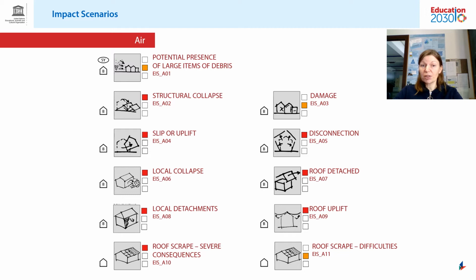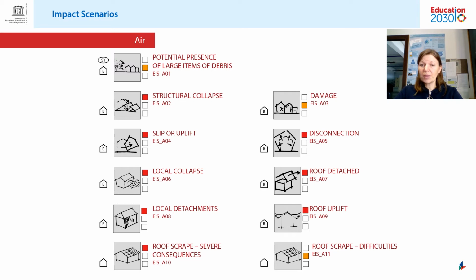The potential presence of large items of debris in the schoolyard, but also inside the building if the building allows the wind inside. The potential structural collapse of the building, or only the damage of the building after strong wind. If the building is light, it could, because of the wind, slip, or it could be uplifted.